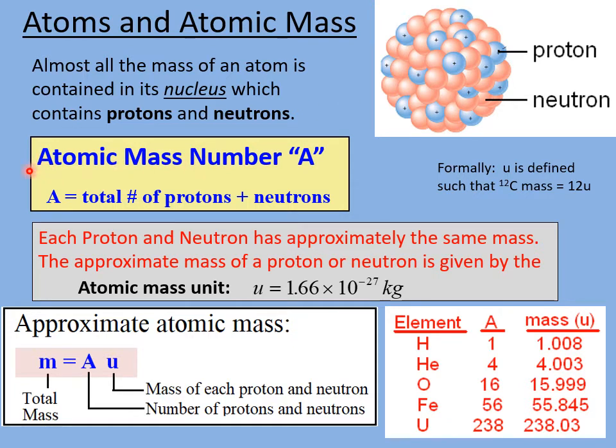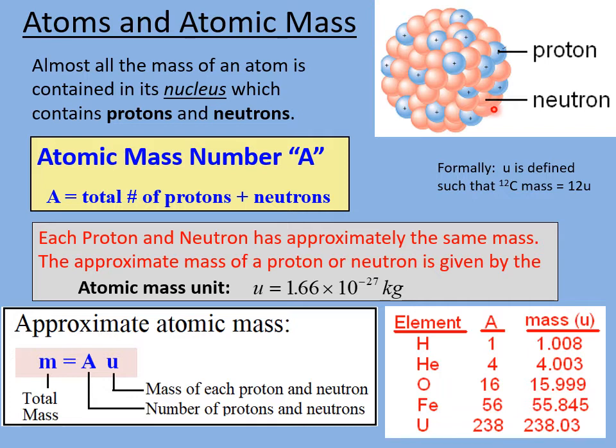So we saw that the atomic mass number is called A, which is the number of protons plus the number of neutrons inside of the nucleus. It turns out also that each proton and neutron has approximately the same mass. There is a subtle difference in mass between a proton and a neutron, and again, this is something that you'll work with in more detail in Physics 102.